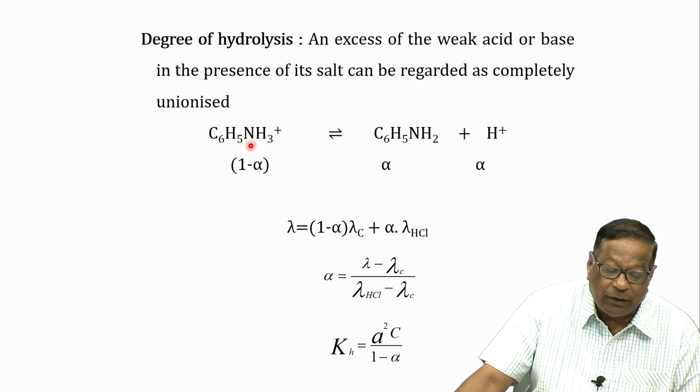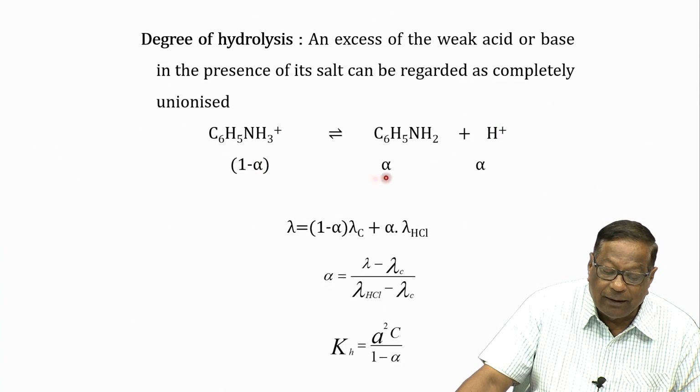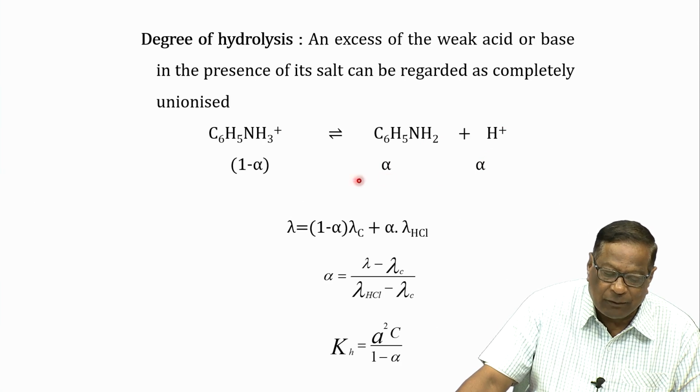So, one molecule of this will give you one molecule of this and one mole of H plus. So, if alpha moles are dissociating, then the concentration of this would be alpha, this would be alpha, H plus would be alpha, and C6H5NH3 would be 1 minus alpha, because alpha moles are taken away from here.